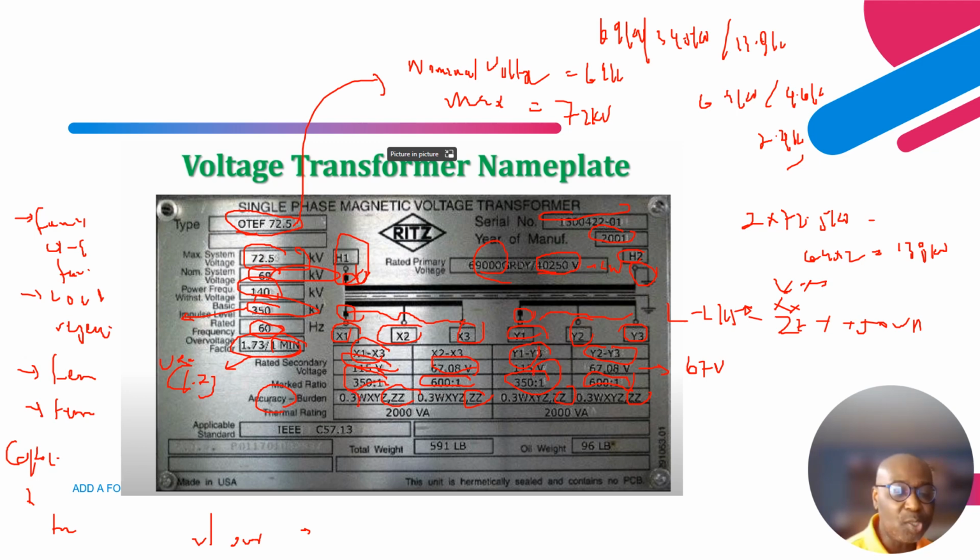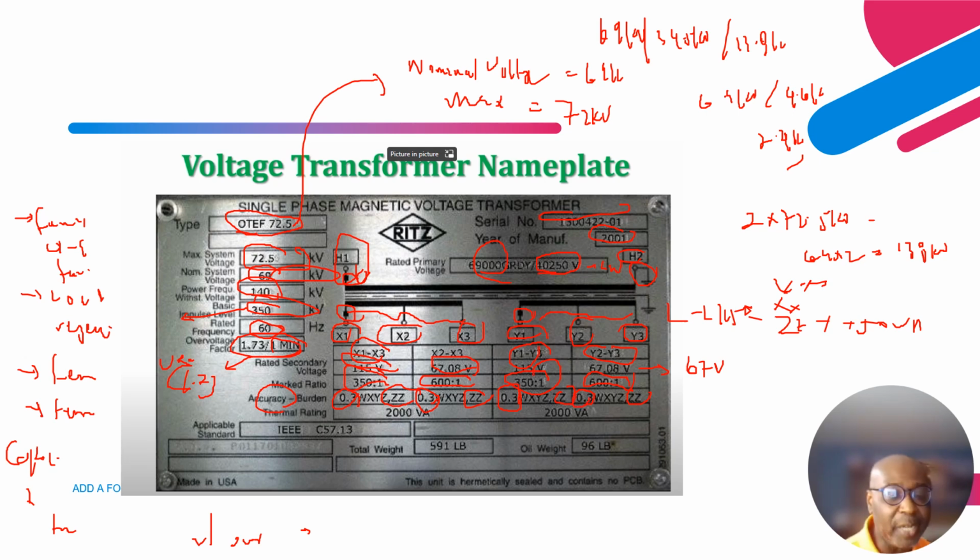Point 3 is your accuracy class. So what it's trying to say is that it should maintain less than 0.3% error and reproduce faithfully the secondary voltage based on the primary voltage without any deviation. Similarly, this is the accuracy class shown over here.